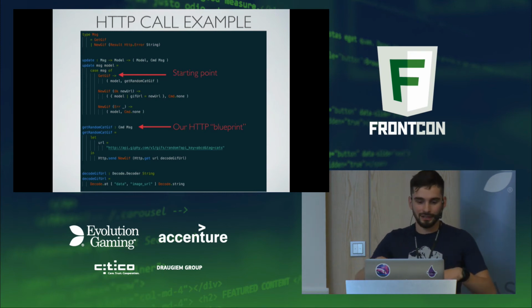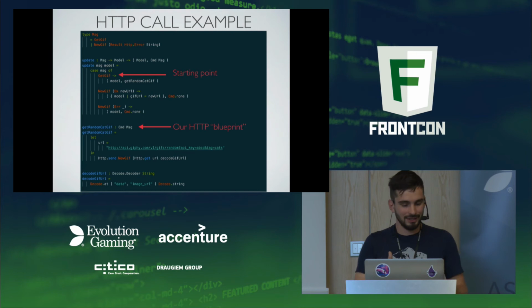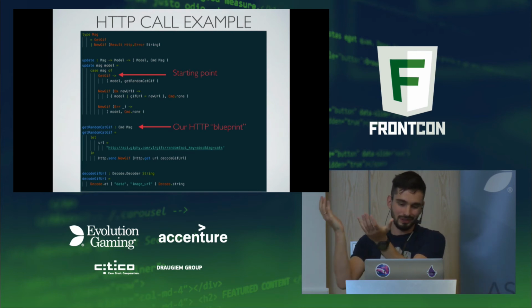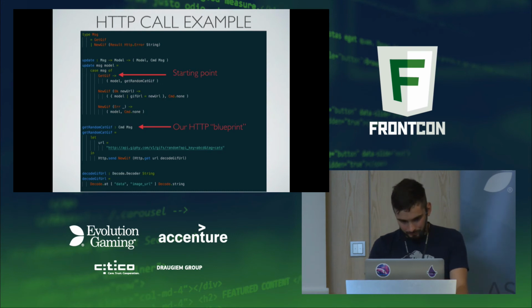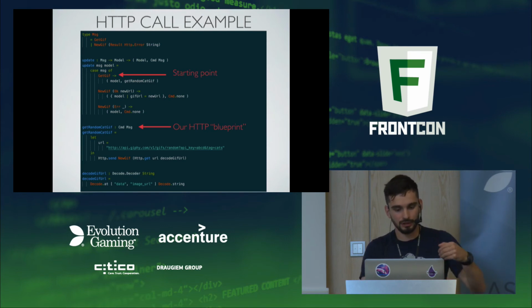We are basically stating to the Elm Runtime, please execute this following command. And if you look at the details of this function, it is an http.send command, and new GIF is actually the message that we will receive once it has completed its thing. The second argument in the parentheses is the actual request itself.